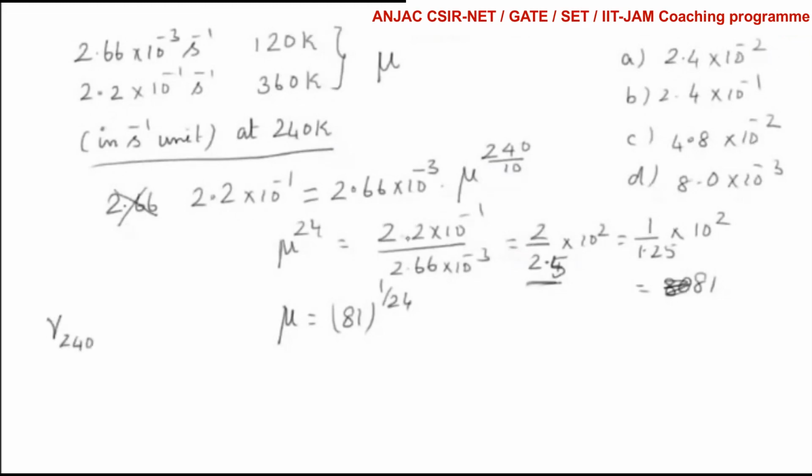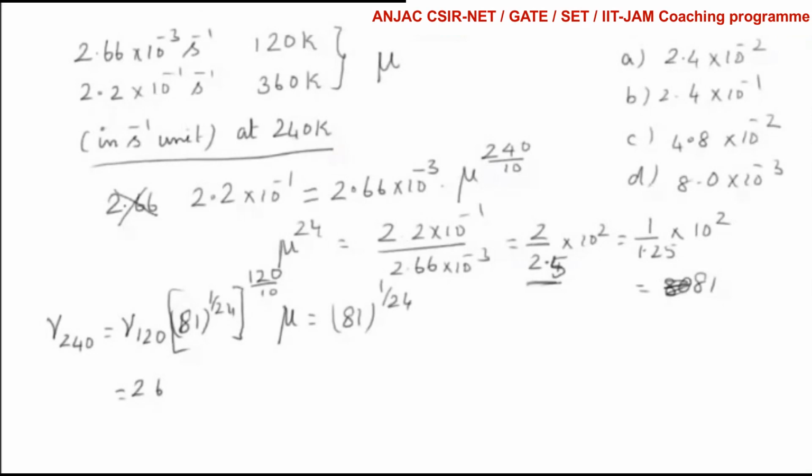Rate at 240 equals the rate at the lower temperature, say 120, into mu, which is 81 power 1 by 24, into delta T by K. What is delta T? 240 minus 120, therefore it is 120. So it is 120 by K.